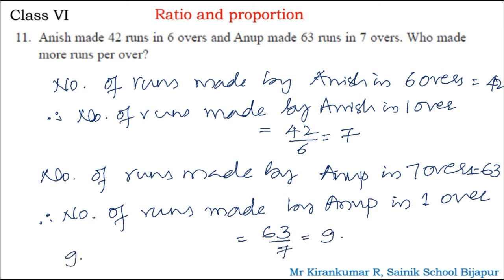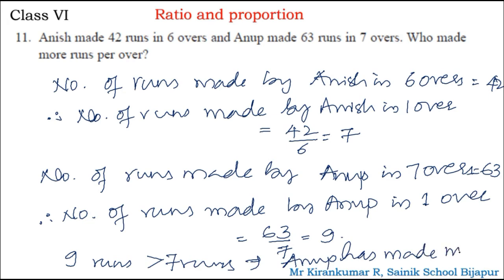Here on observation, 9 runs is larger than 7 runs. So it means that Anup has made more runs per over.